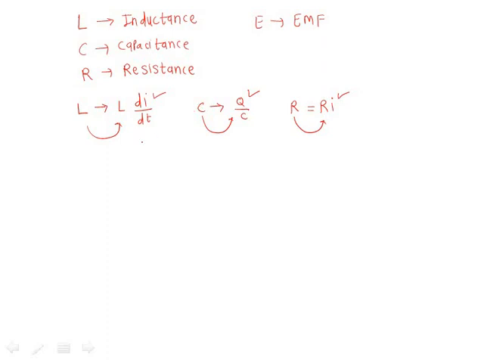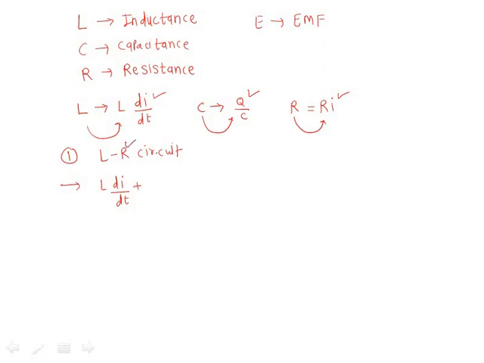So let's proceed. If I ask you to state the differential equation of LR circuit, how can we write it down? For L, we will use L di by dt. We will put plus sign.